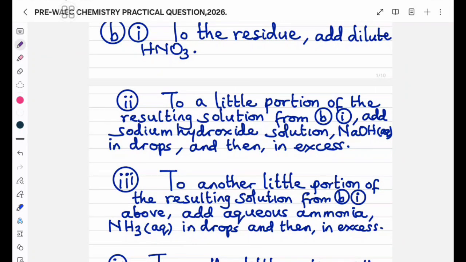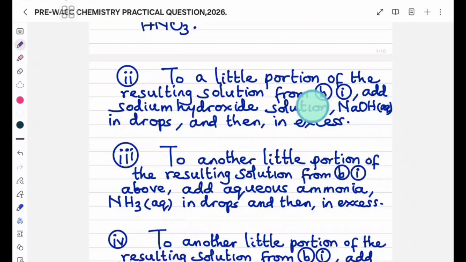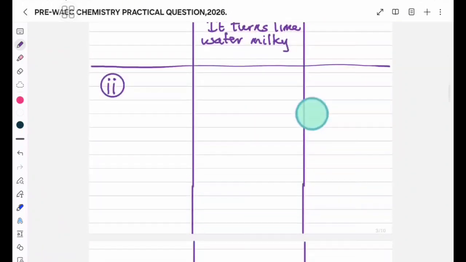When you add in drops and a precipitate is formed, the next thing you do is to add more of it, in excess, to find out if the precipitate would be soluble or not. Solubility test again. Now let's write the report.